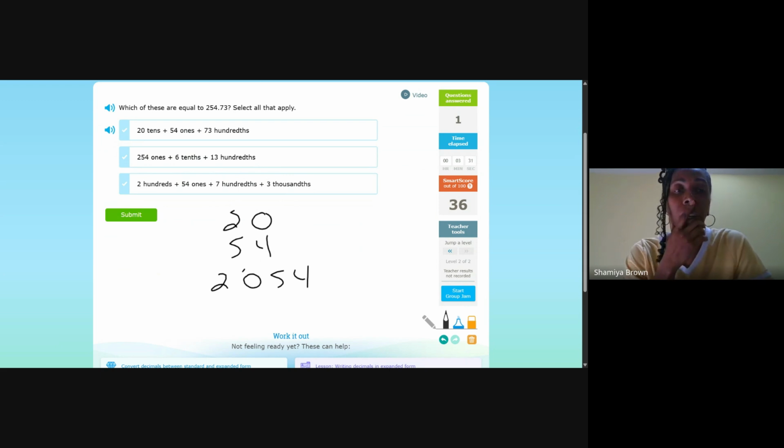That would equal 2,000. 20 tens would be 20, then 54 ones. No, I could add that together. Hold on. 2054.